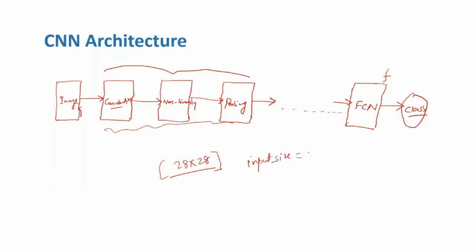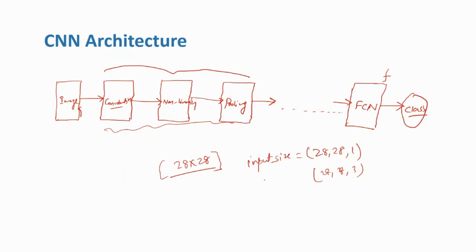You provide 28 cross 28. It will ask you another parameter, which is called channel. What is the channel? Channel is whether it is a grayscale image or a colored image. In the grayscale image, the channel will be only one. In the colored image, the channel will be 3, RGB. 3 channels. Correct.